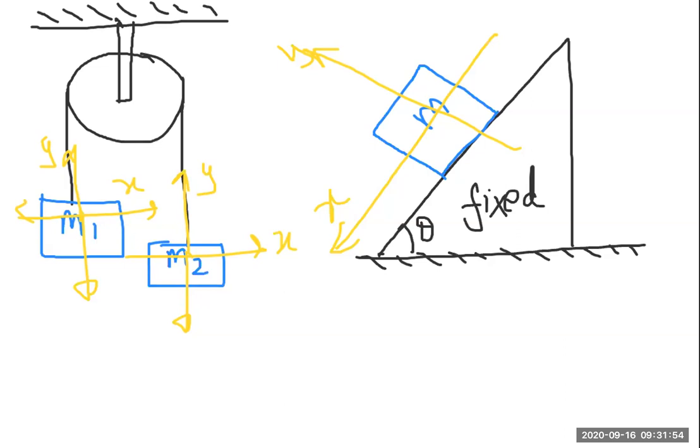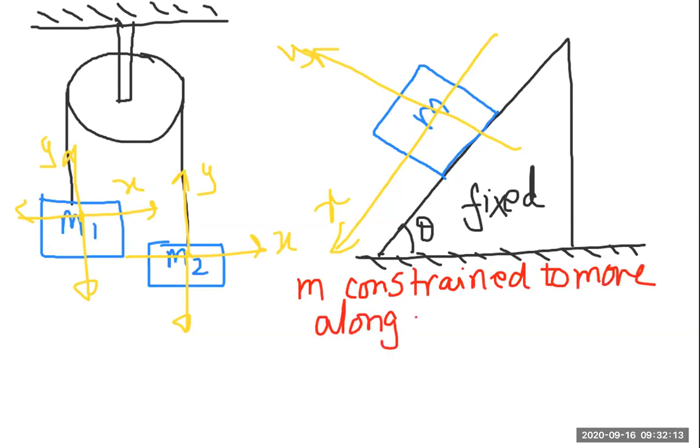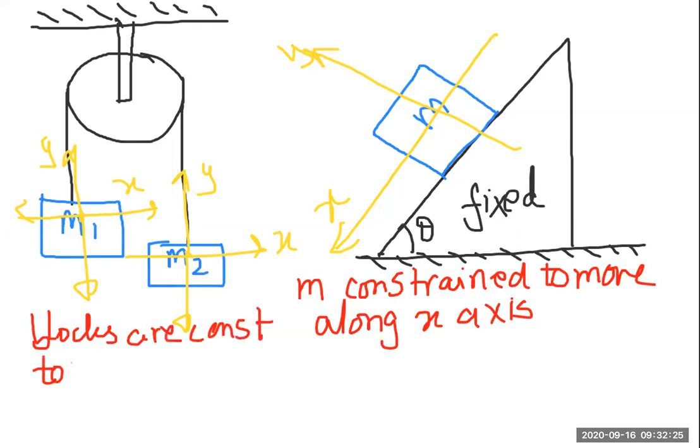And once I have changed the orientation of the axis, then I can say that the block of mass m is constrained to move along the x-axis. Blocks are constrained to move along the y-axis.